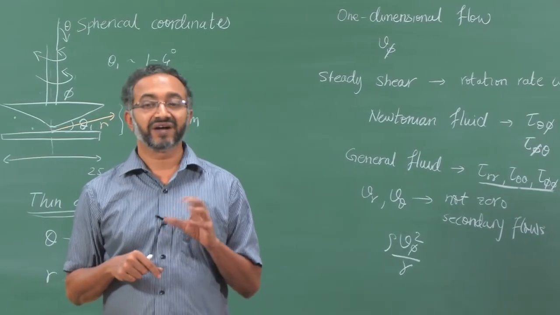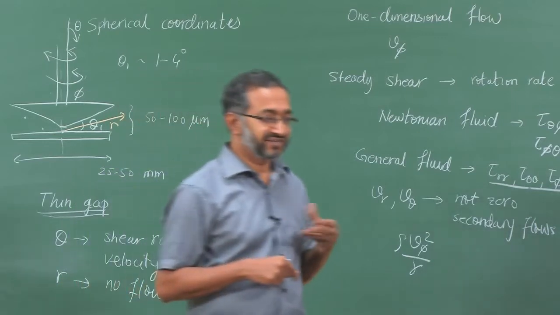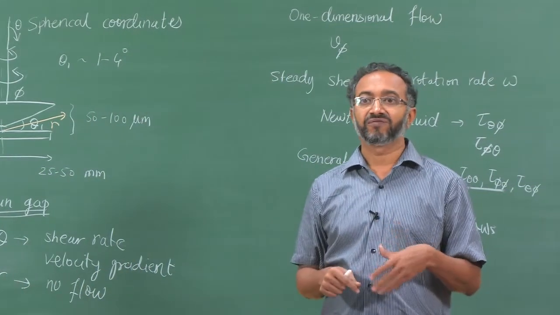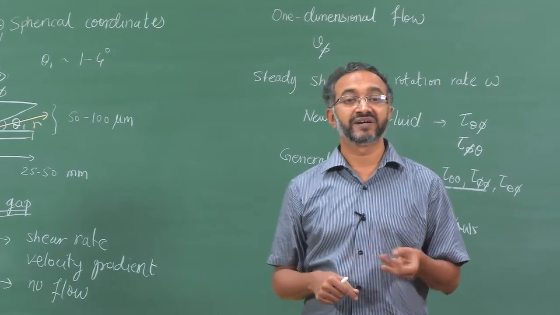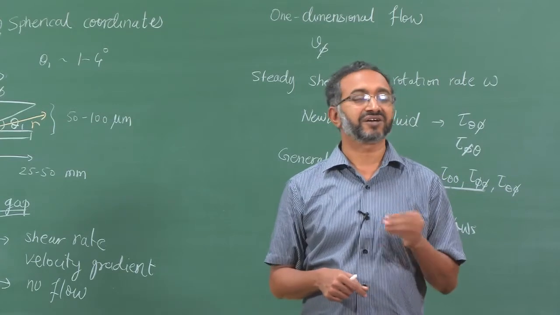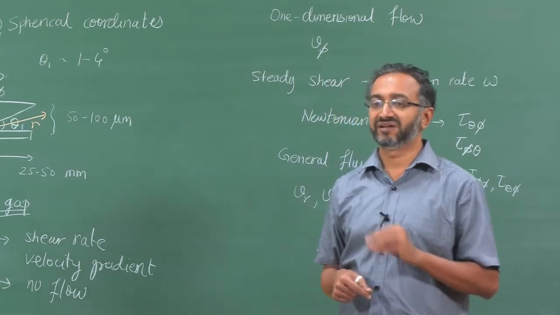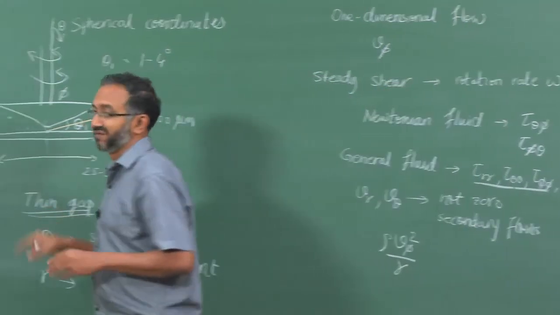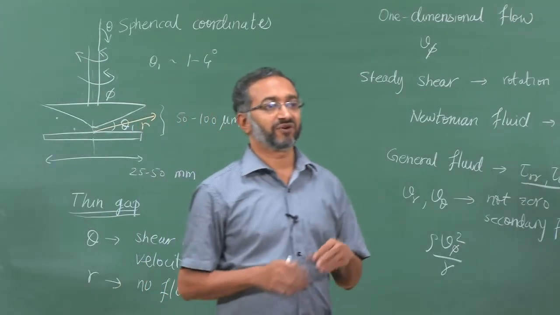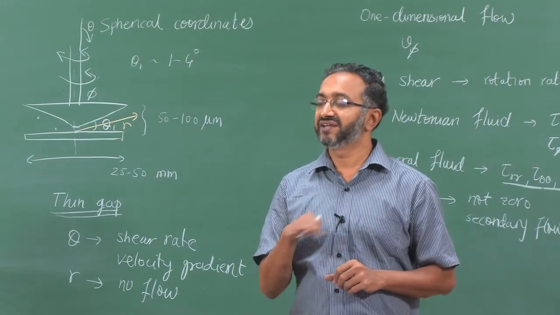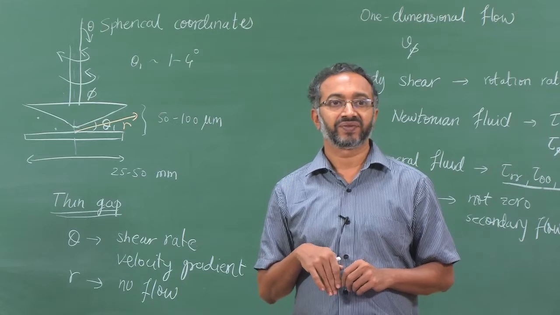So, in general with the secondary flows it is commonly seen that the measured viscosity would increase. In fact, if you are interested in analyzing the instability of fluid flow, in the sense when does a secondary flow develop, under what Reynolds number or under what flow conditions, you could take a fluid of constant viscosity in this geometry and start increasing the rotation rate.